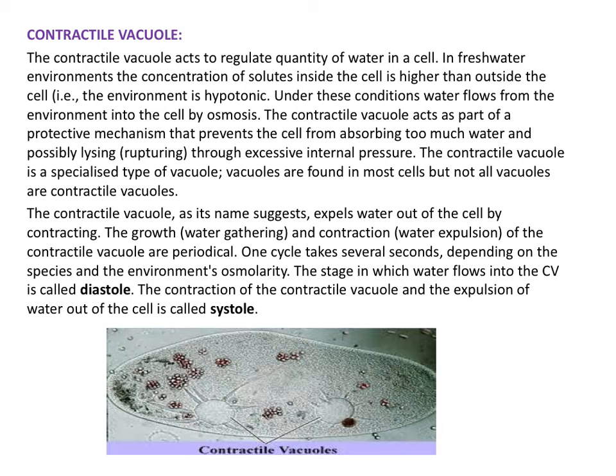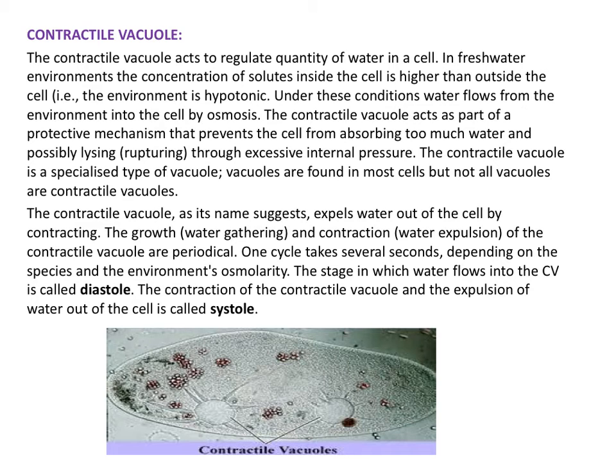Under these conditions, water flows from the environment into the cell by osmosis. Remember what osmosis is. The contractile vacuole acts as a part of a protective mechanism that prevents the cell from absorbing too much water and possibly lysing or rupturing through excessive internal pressure.